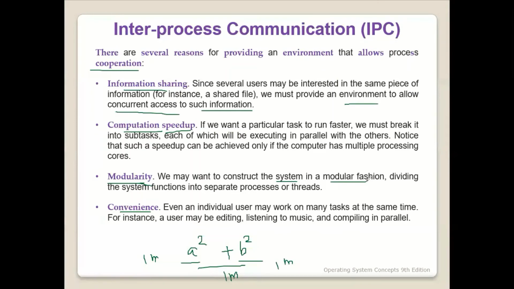Another reason is convenience. An individual user may work on many tasks at the same time. Maybe the user is editing, listening to music, or compiling something in parallel. Parallel means at the same time. This is convenient for the user. If you can do multiple tasks at the same time, of course it's very easy.